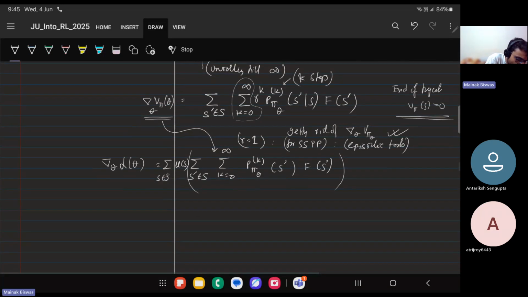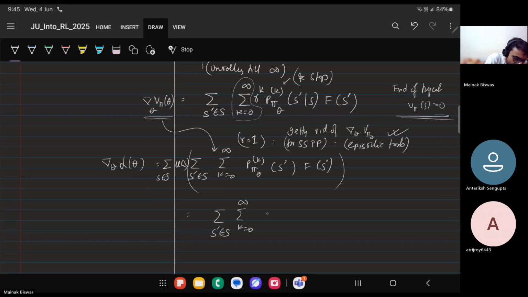So now if I put all the equations together, S dash in S, k equal to 0 to infinity. So it's from S to S dash, sorry. P pi theta of k, S dash to S, mu S, summation of mu S, I am reordering the summations, and f of S dash.